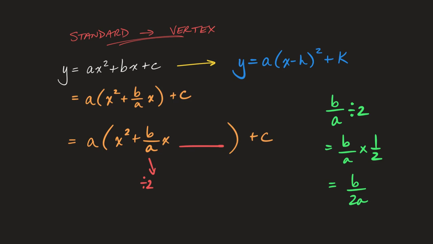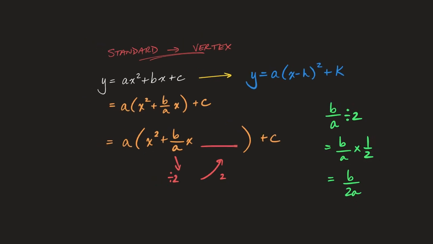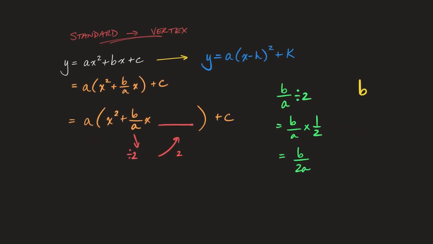I would get my b/2a. Okay, that was part of it. Now I need to take that b/2a and I need to square it. So look back over on my green, and what I now need to do is to take my b/2a and square it.